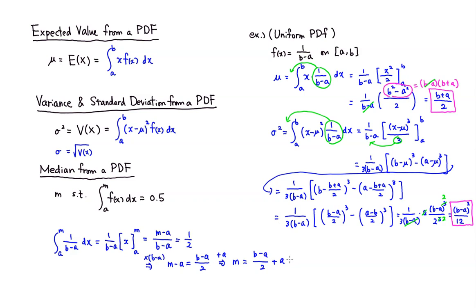But if you take the common denominator, a is 2a over 2, so add that, and you have b plus a over 2, which happens to be the same as the mu, but that's not always the case. This just happens for the uniform probability density function. All right, that's it. I hope that this was clear.